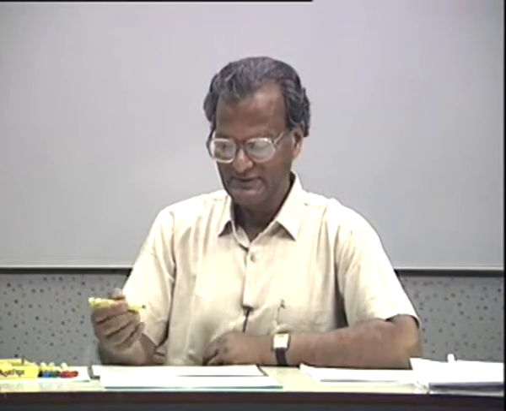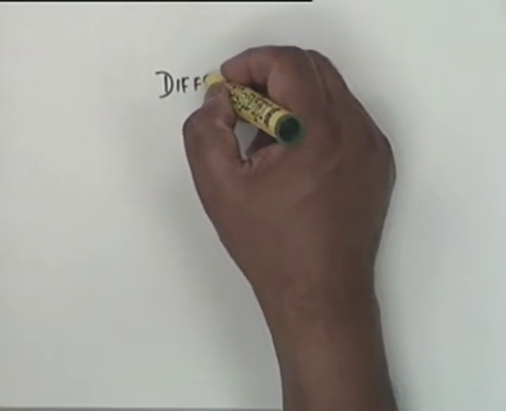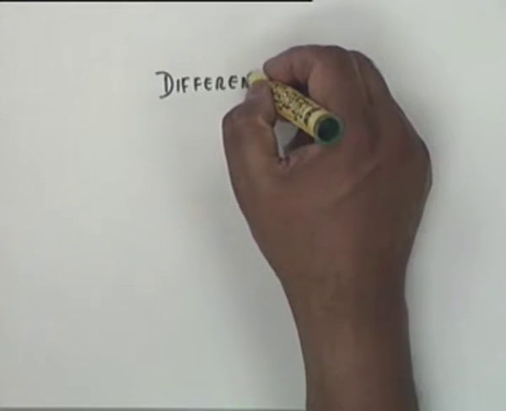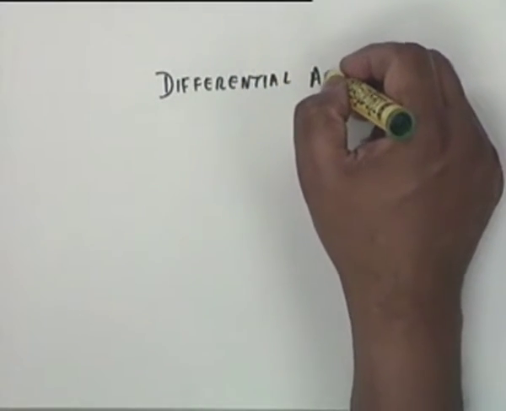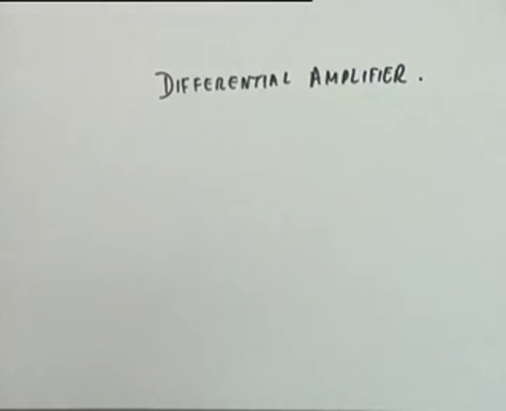Finally, in the rest of the time that is left in this class, we go back to the differential amplifier. We now show that the differential amplifier, which we have discussed very elaborately, can be used as a wideband amplifier.